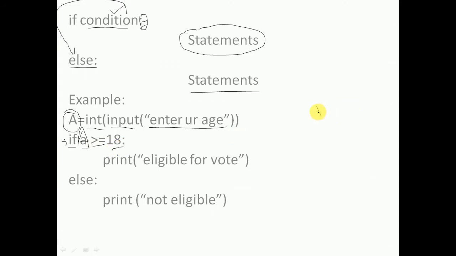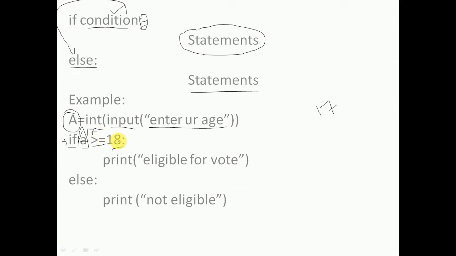For example, if you have entered your age as 17, then instead of this age inside the program, it will change into 17. Is 17 greater than or equal to 18? The condition becomes false, because 17 is not greater than and not equal to 18. That's why this if condition is false.